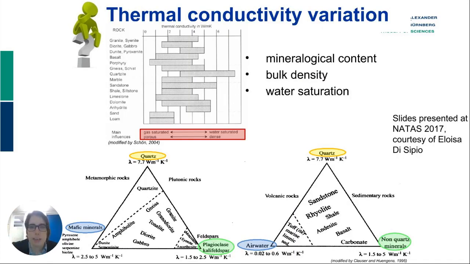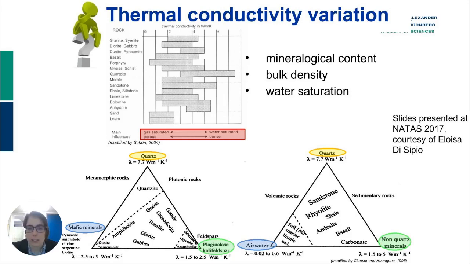The reason why you have to do this kind of a sampling and empirical mapping exercise is that geothermal reservoir conditions, their thermal conductivity can vary quite largely based on the minerals present, the bulk density, and the water saturation, as you can see on this slide here. There are many different variables in terms of what governs the behavior thermally and chemically of the rocks in the reservoirs.